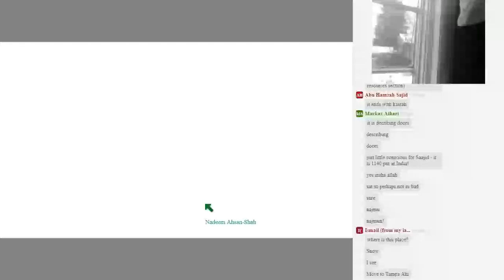I think... Can you see it? Yeah, I'm able to see it very clearly. I think on the Ustad side, maybe he can't see it. He got a bit stuck or something, I think. But mashallah, it's very clear actually.